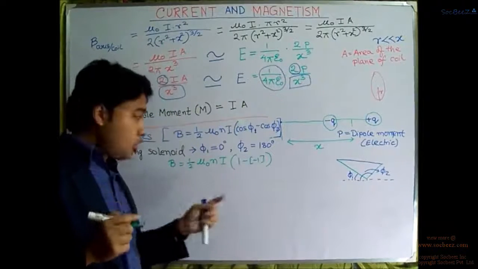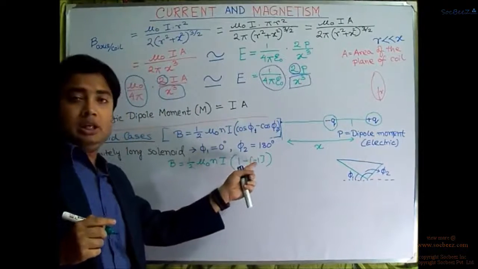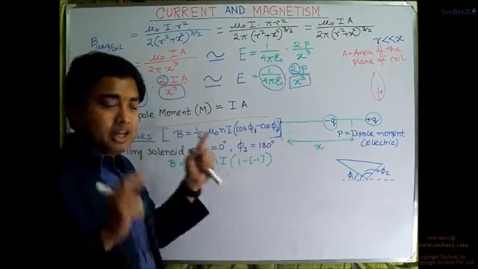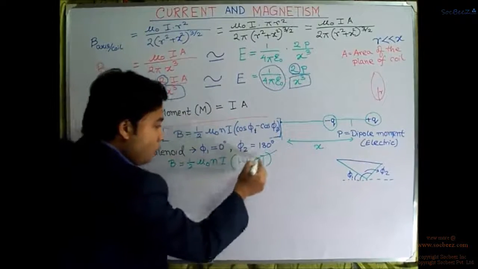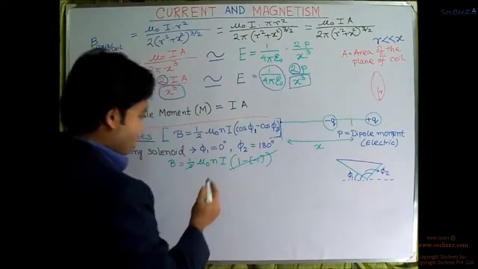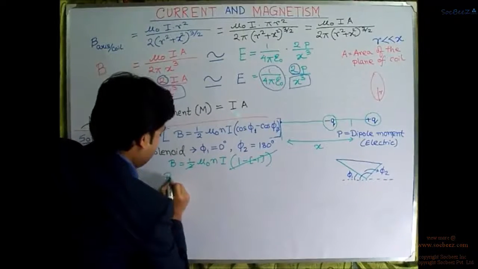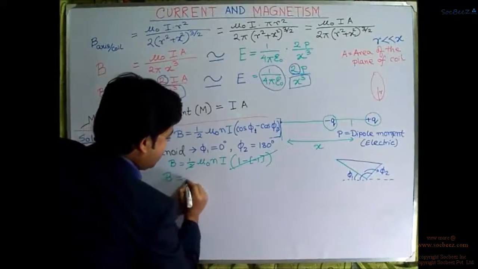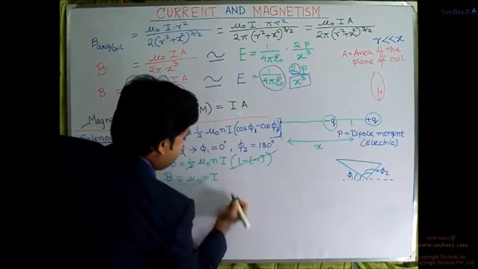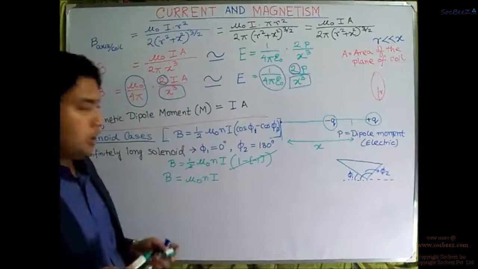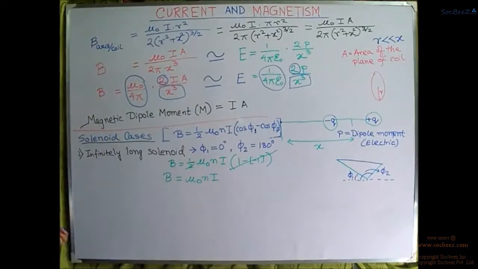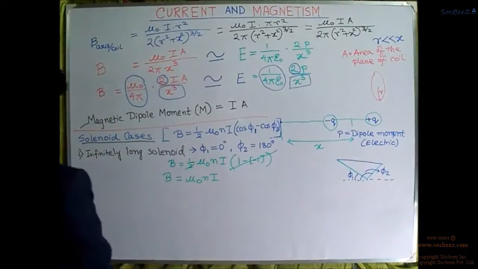So this negative and negative will be positive, so it will be 1 plus 1, that is 2, and that 2 will cancel out this 2, right? So we will get B equals mu naught N multiplied by I. Okay.